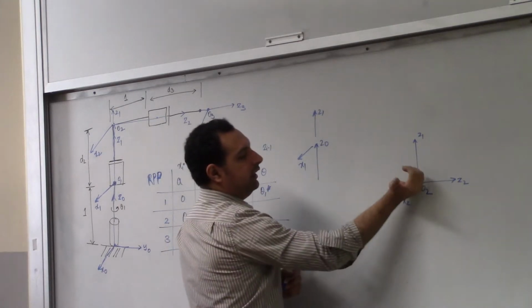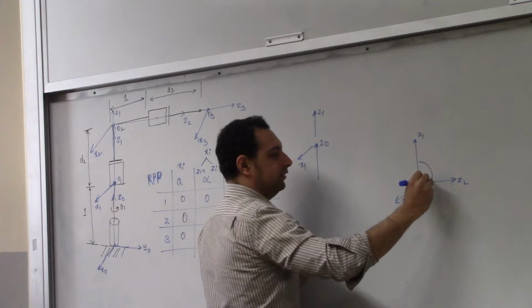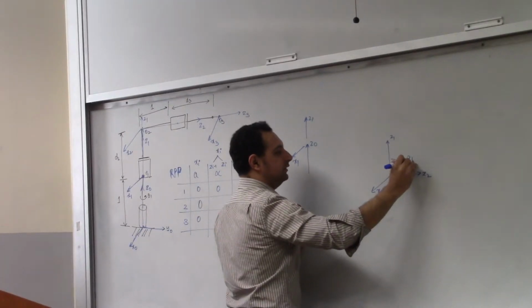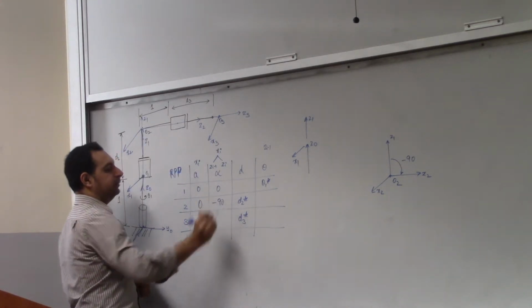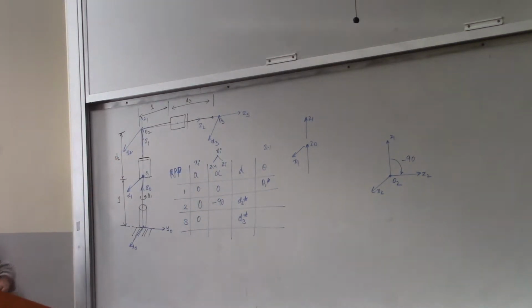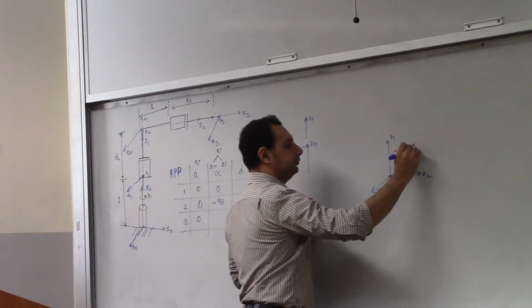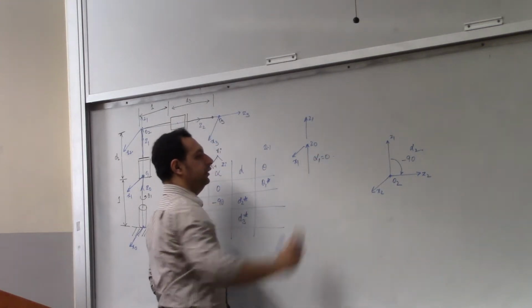If I rotate like this, I'm going in the opposite direction. I should actually be going like this, from this axis to this axis, which is opposite, so this will be minus 90. We'll write this as minus 90 or minus pi by 2. This is alpha 2. This is alpha 1, which is 0.